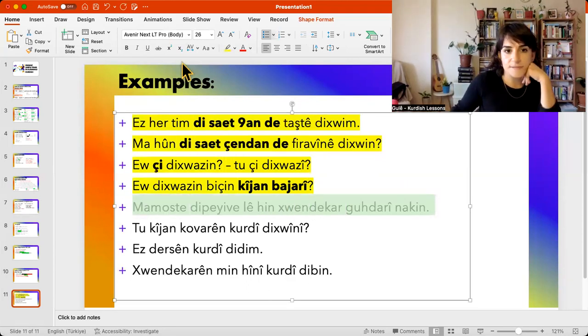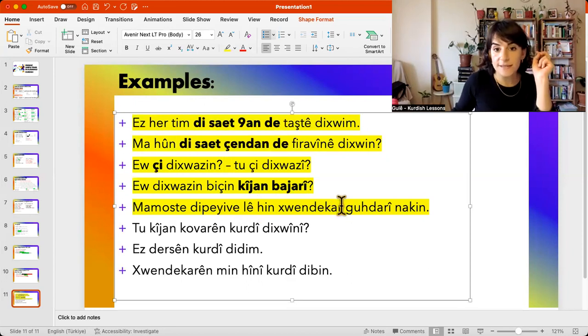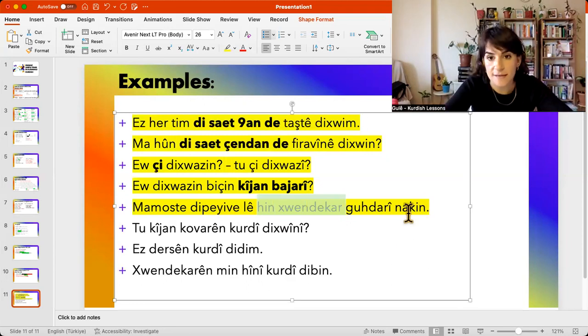And this one: "Mamoste de peive, lehen khwandekar guhdari nakan." The teacher is speaking, but some students don't listen, pardon.